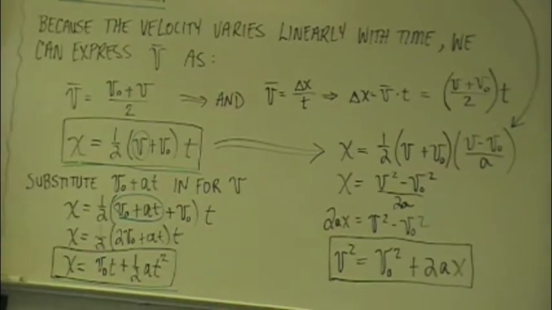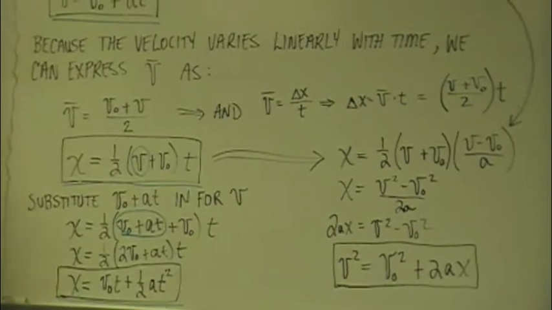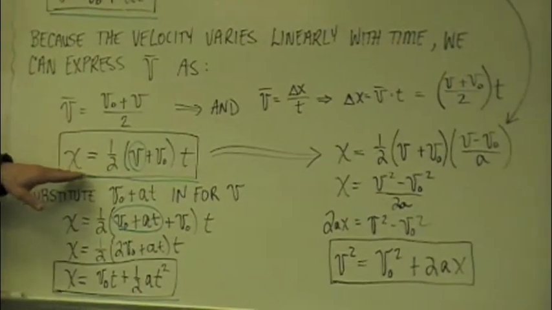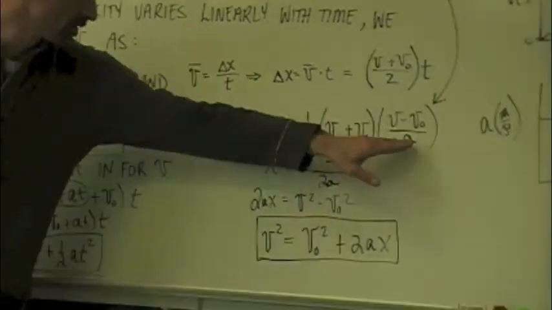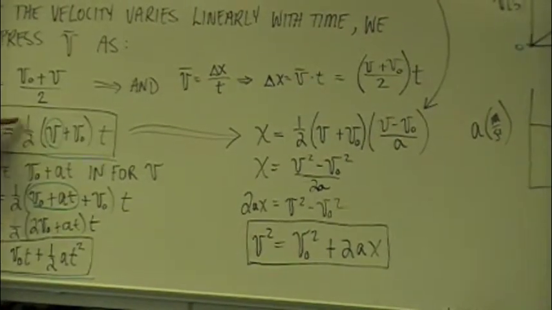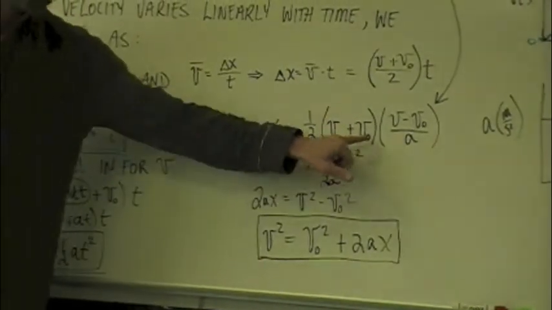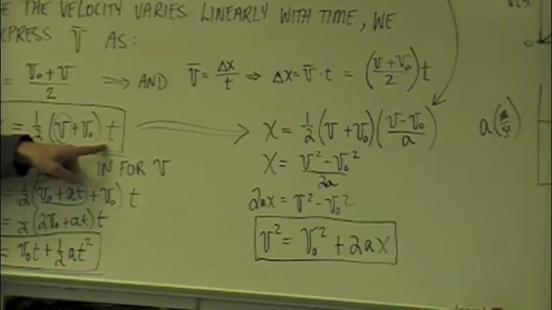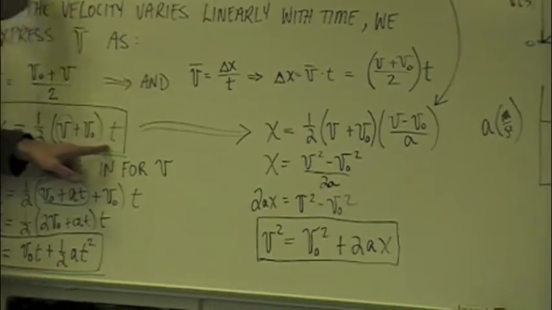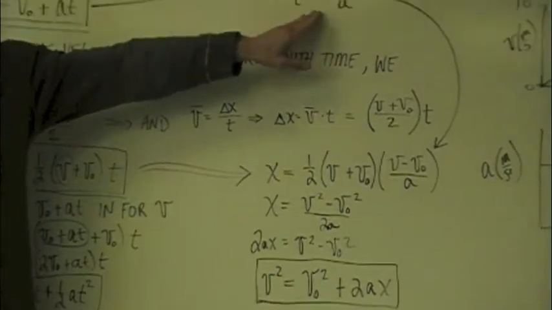Okay? And let's finish this thing off by taking this equation that we have here. I've rewritten it over here, but I've changed a few things. We have 1/2 (v plus v naught), but instead of t, would you guys agree that if I rewrite this, could I rewrite it like that?